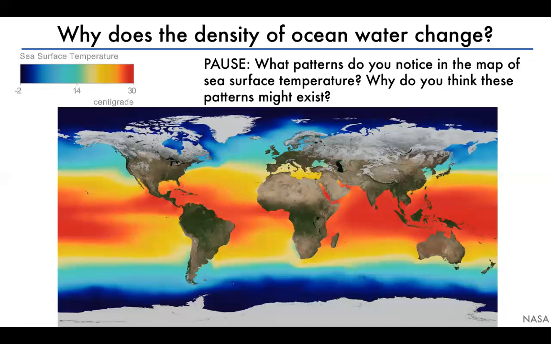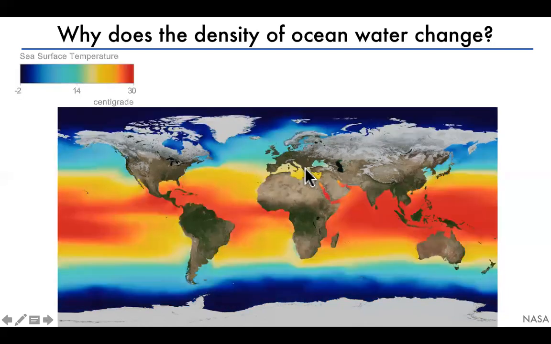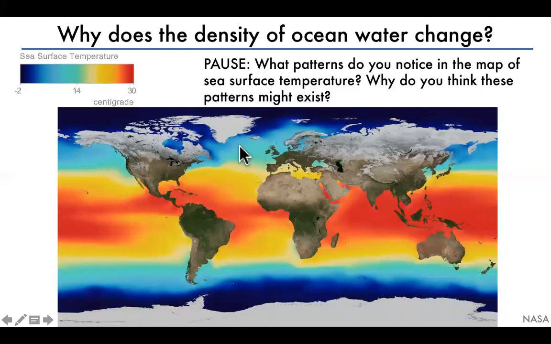But if we were to go back to the previous slide, we see this region of really high density here, where if we're just thinking about temperature, we'd expect that to be where the coldest temperatures are, or here in the Mediterranean, we have this really high density. And so if we go back here, we can see that the temperature isn't enough to explain that, because in fact in the Mediterranean it's pretty warm, and in the North Atlantic it's not warm, but it's not the coldest place that we're seeing. So that means that there's something else going on here.